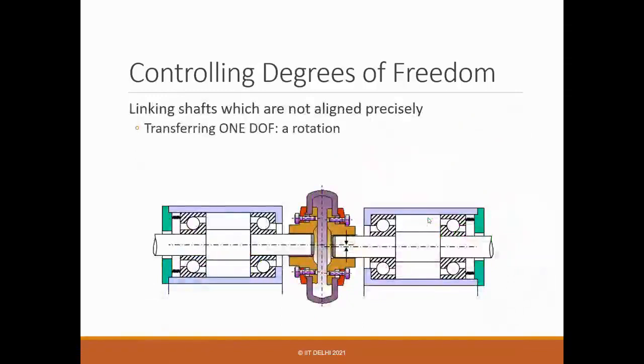So that's one example. The very common example is the design of a coupling. So suppose this is one shaft, and this is the second shaft, right? And you may need to transfer the rotation, or the torque, whatever torque is there, you want to transfer to shaft 2, right?